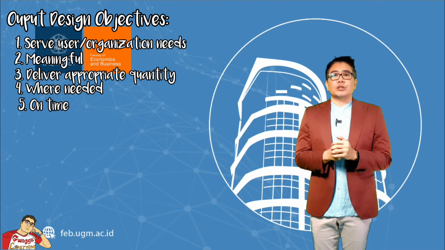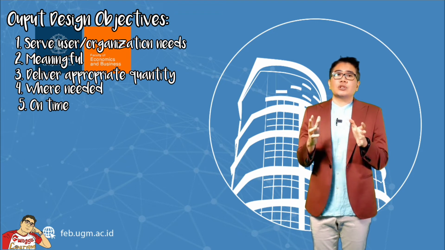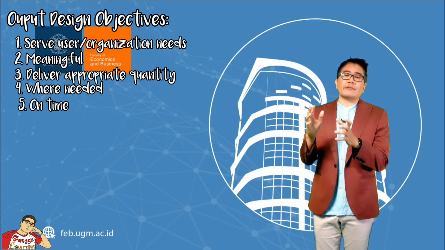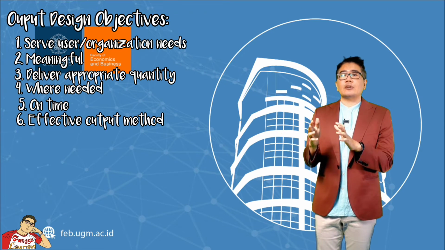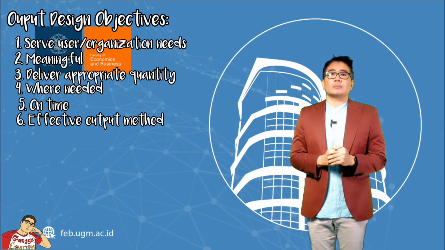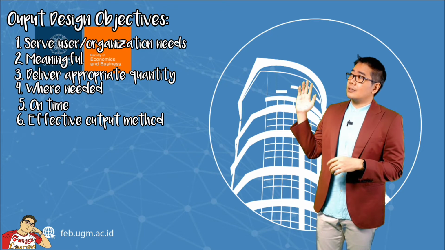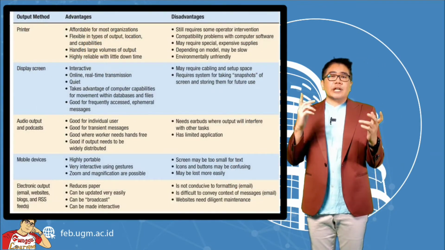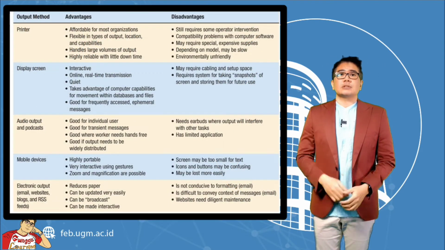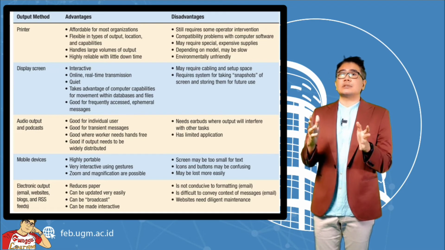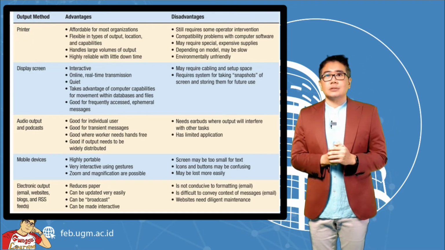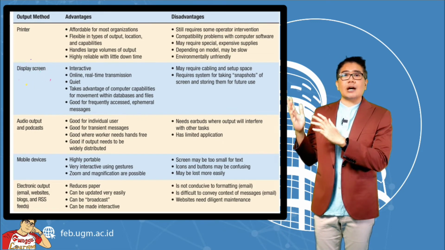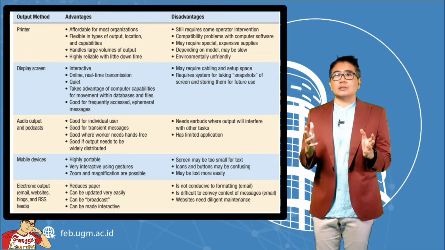The last of the output design objectives is to choose the most effective output method, which we can pick from several options. As we can see here, we have several types of output methods. The methods can be a printed output using papers as the media, or a display screen output for digital media.